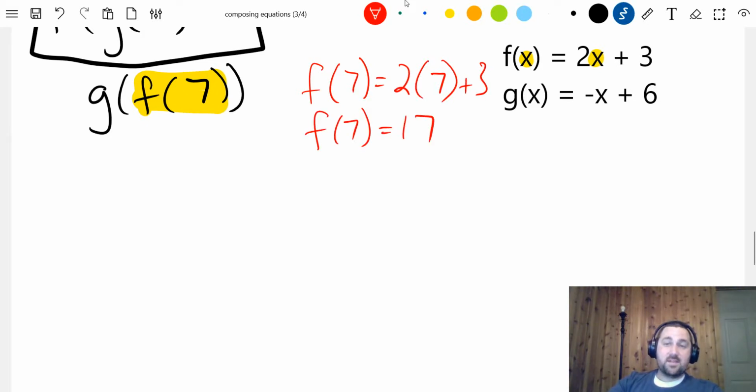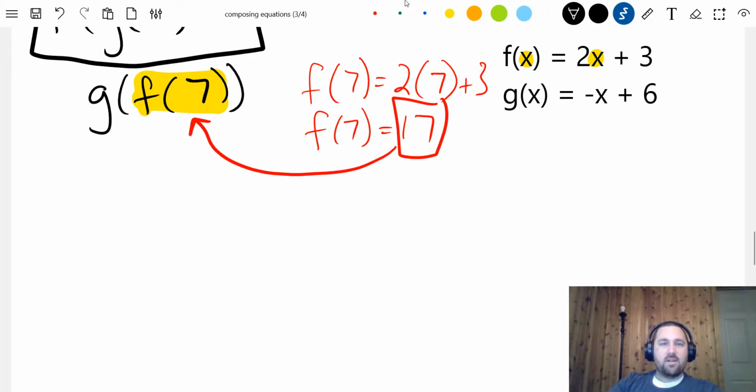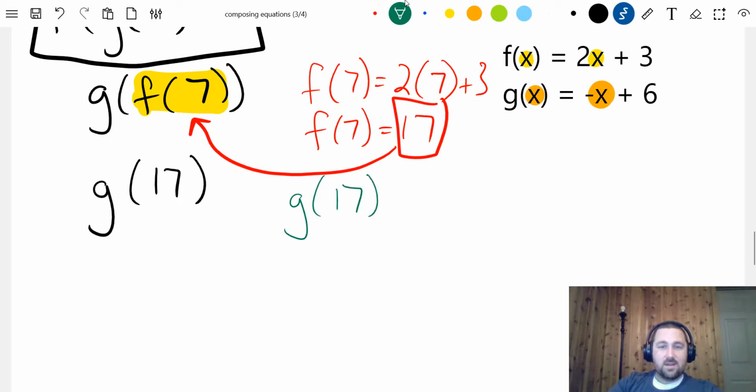What do we do with that 17? We take that 17, and that becomes the value of f of 7. We're now looking for g of 17. We substituted the output we got for f of 7. How do we find g of 17? We're going to substitute 17 in for x. g of 17 would be equal to negative, in parentheses, 17 plus 6.